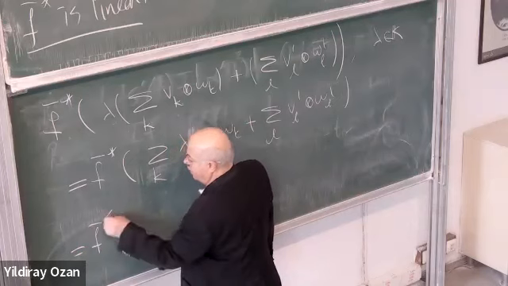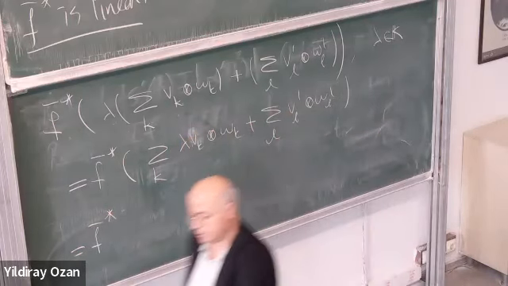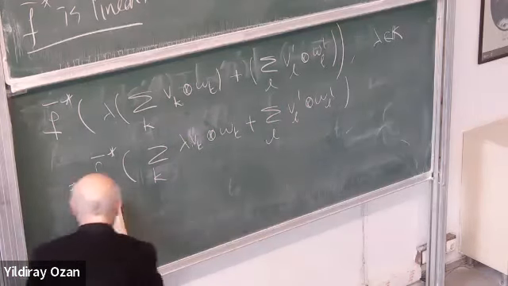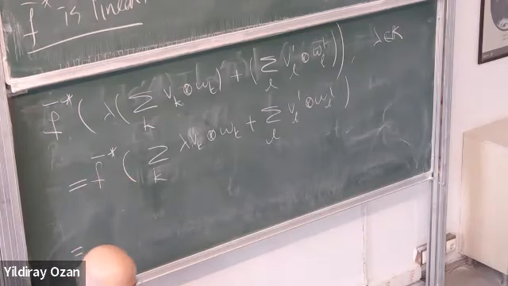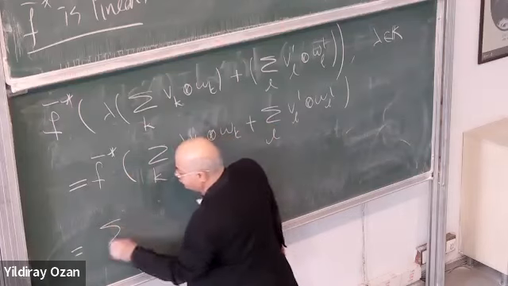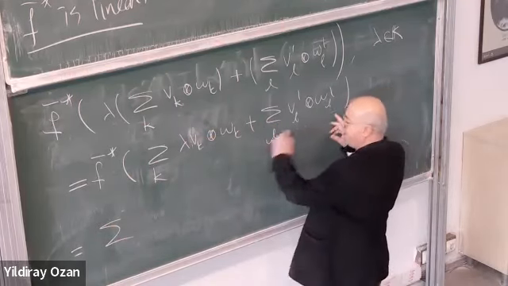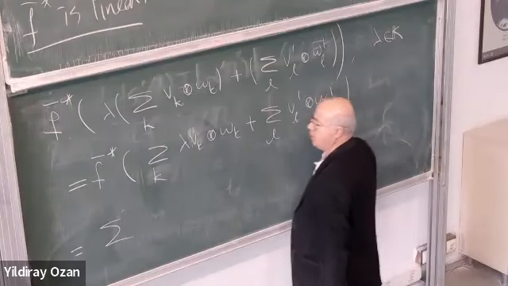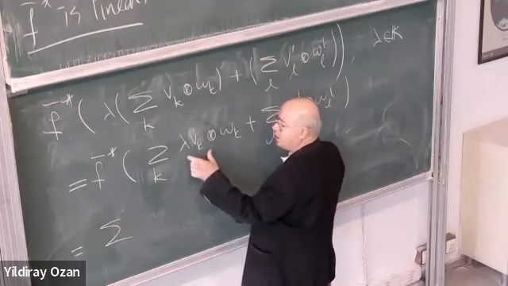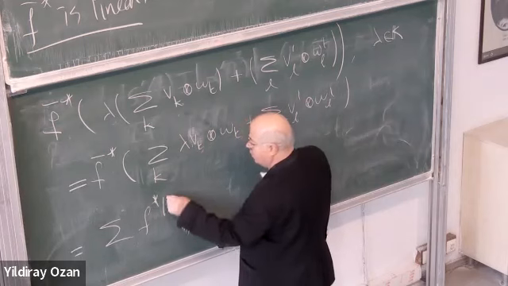And F bar star will act on this how? I can just use the formula for F bar star. F bar star will do the following. So I regard this as a single summation. For each term of the summation, F star will act on the v part.